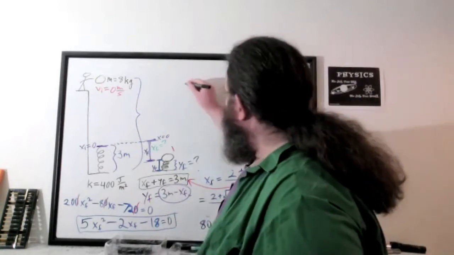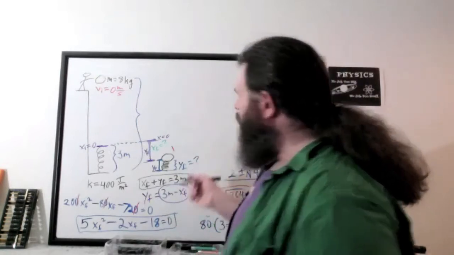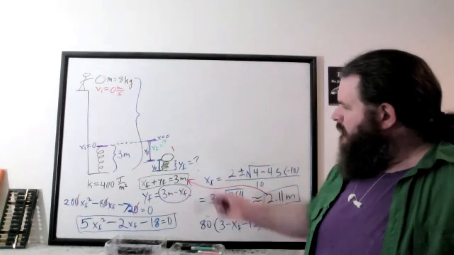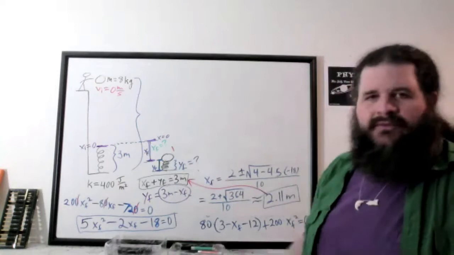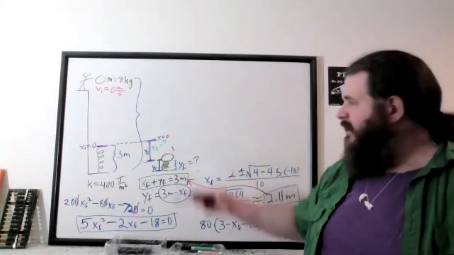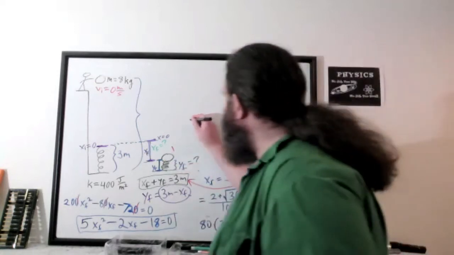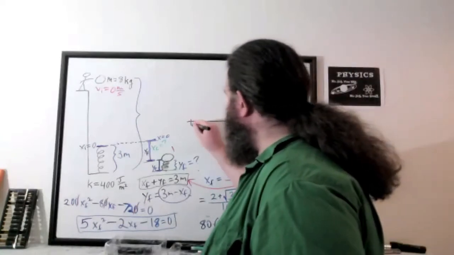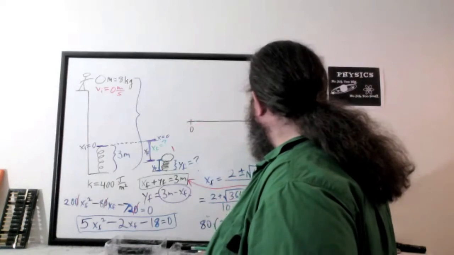But if we just take a look at a graph of height versus energy, and height in this case is going to be between 0 and 12. So we don't need to worry about negative heights here because we're setting 0 at ground level. So height is going to go from 0 to 12.